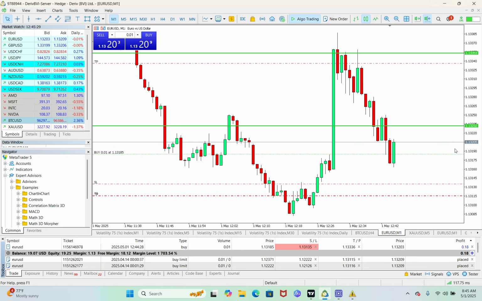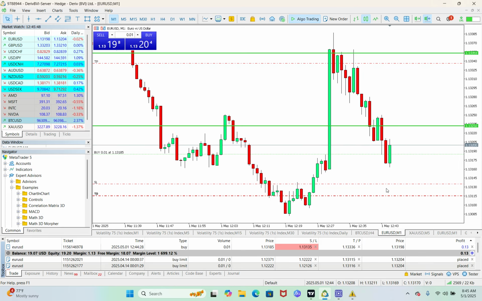But if the buyers are going to take it home, they'll have to take out this small sell structure that is here. But let's see if buyers can take this one home for us, putting us further away in profit.